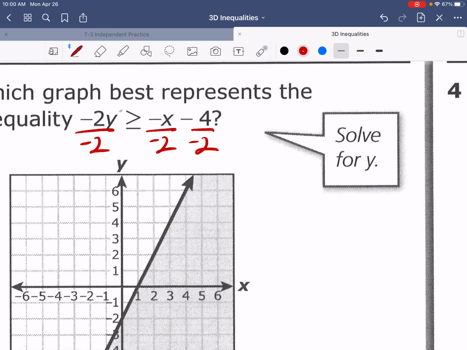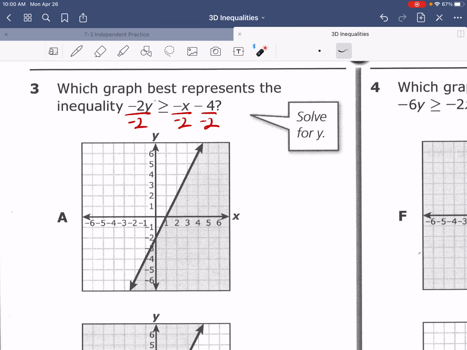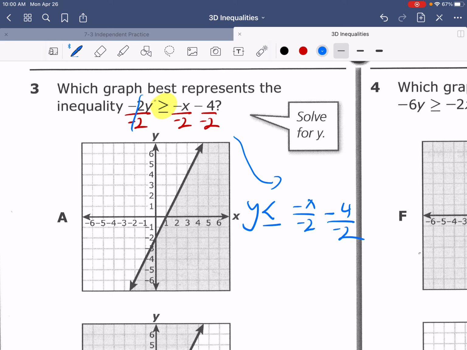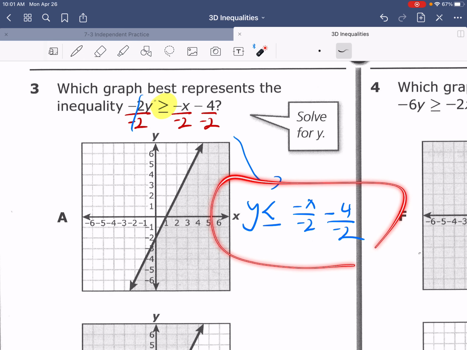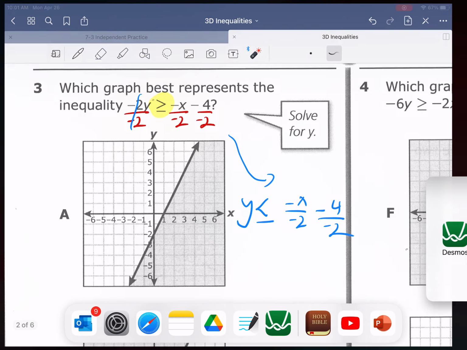Now remember, when you divide by a negative number, the inequality symbol should flip to the other side. So this one is going to be: y is less than or equal to negative divided by negative becomes positive, or you can just leave it like that. That's fine. But what I want you to do is put this into decimals.